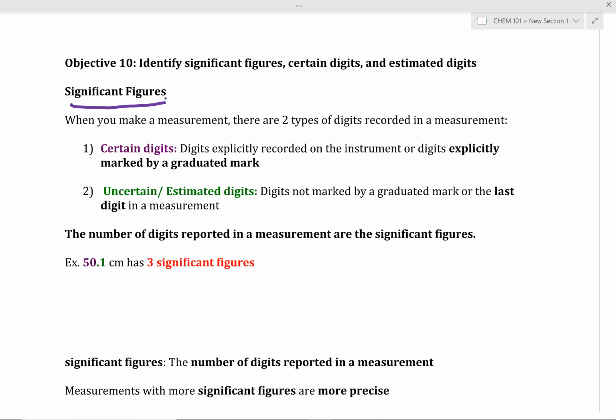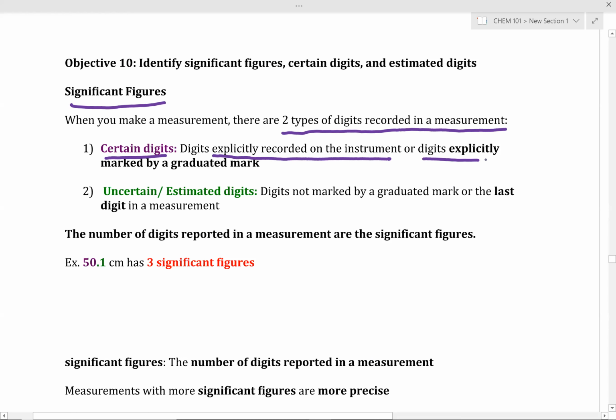When you make a measurement, there are 2 types of digits recorded in a measurement. There are your certain digits. These are explicitly recorded on the instrument, or digits explicitly marked by a graduated mark. We'll talk a little bit about what that definition means in a moment.